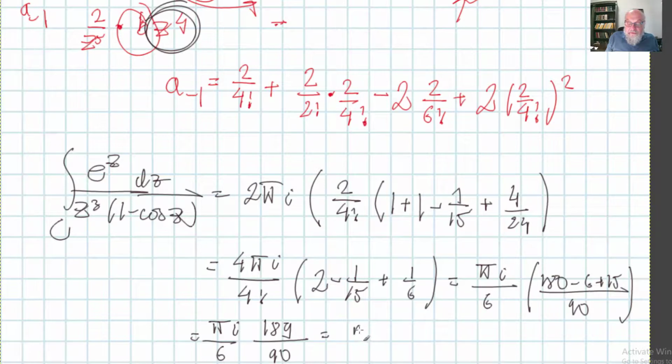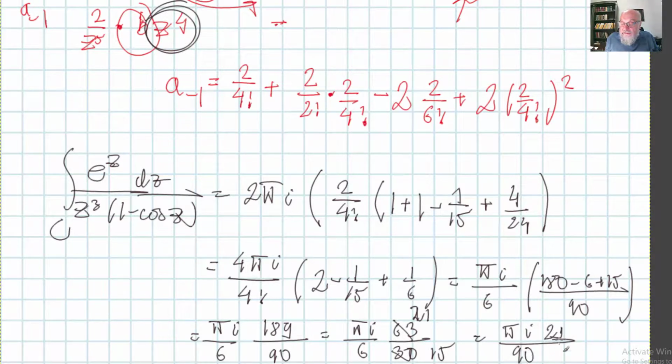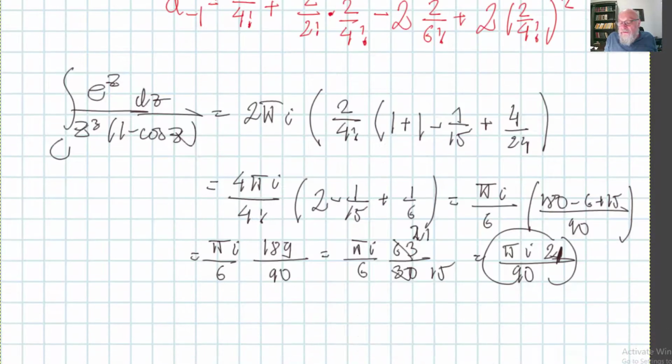So this one, I can simplify. This is pi I 6, this one is 63, and this one is 30, so that one is 21, 15. Okay, the answer is pi I 21 over 90. Yeah, something like this.